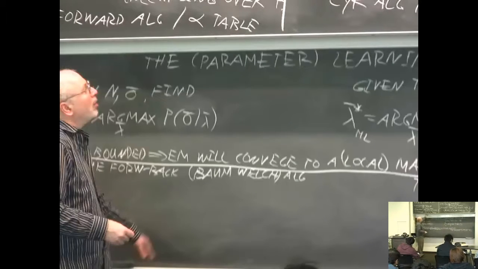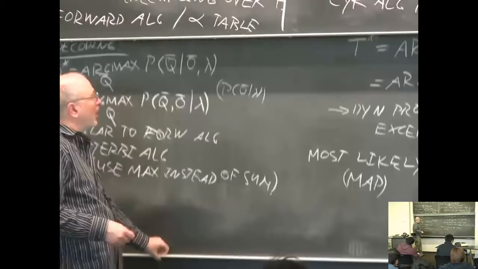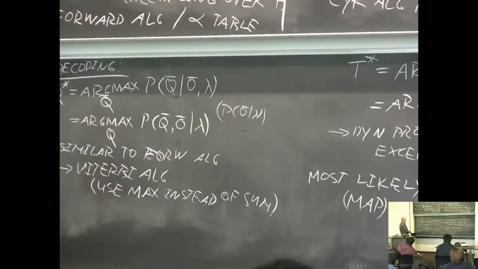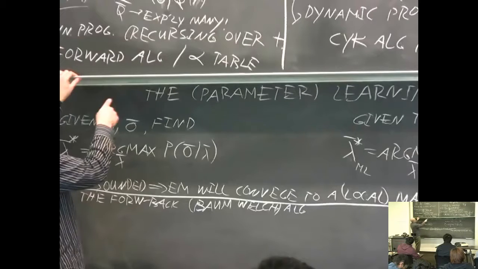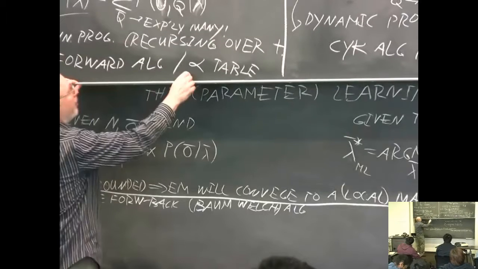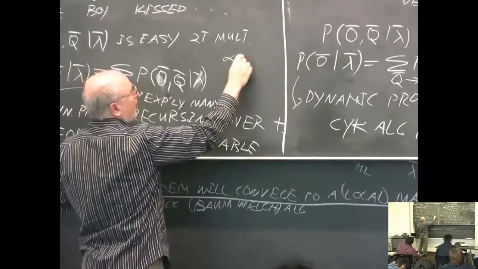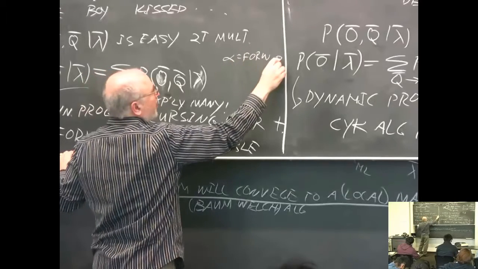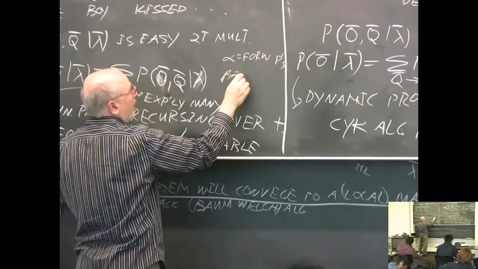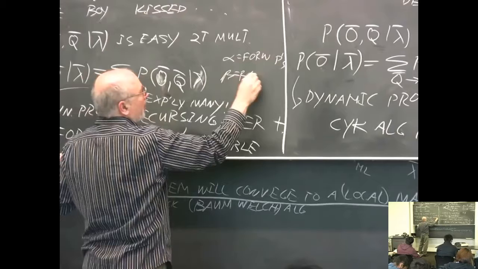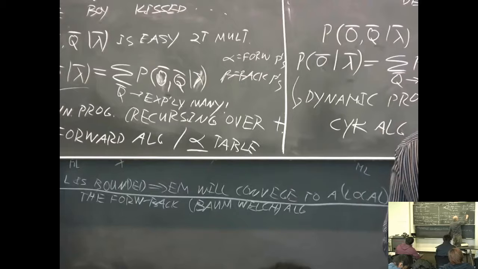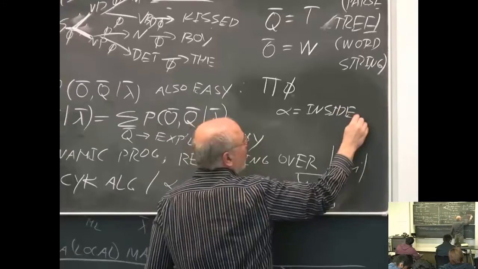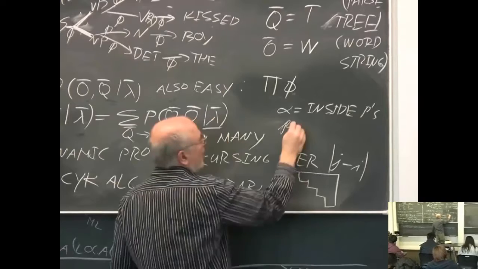So if we go back to the forward problem, alpha is forward probabilities, and the betas are the backward probabilities. Here, alphas are the inside probabilities, and the betas are the outside probabilities.